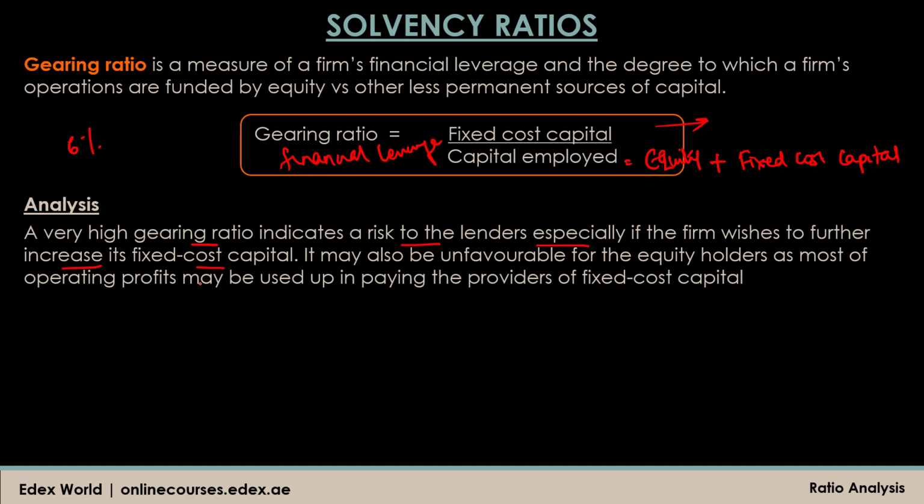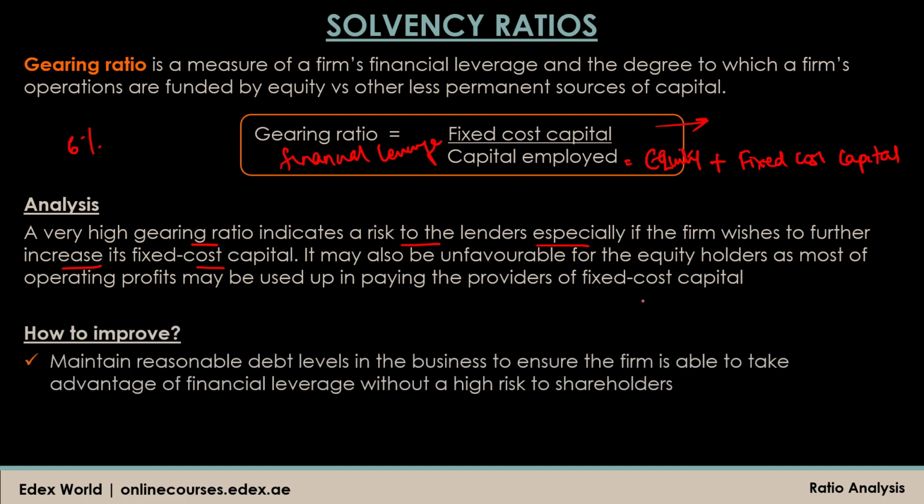Because in business, there is uncertainty. If the previous year was a good year, it doesn't mean that every year the firm will be able to generate guaranteed profits of the same level. So the bankers may have to think twice to lend to a firm that already has a high gearing ratio.